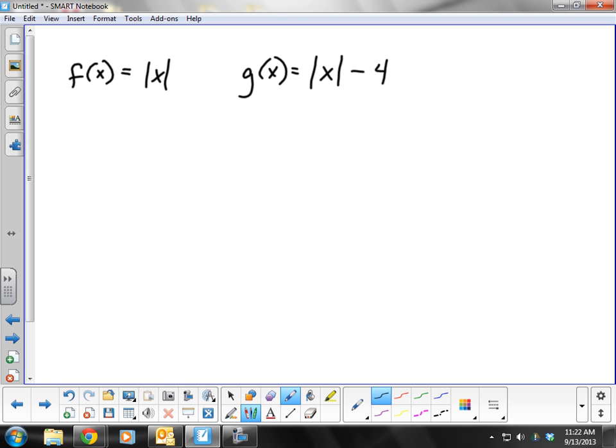So it's outside the function. So what that's going to do is, since you know what the absolute value function looks like, I hope, anybody got a verbal description of it for me? Kind of a V. I like wedge, I guess. Anyway, all right.